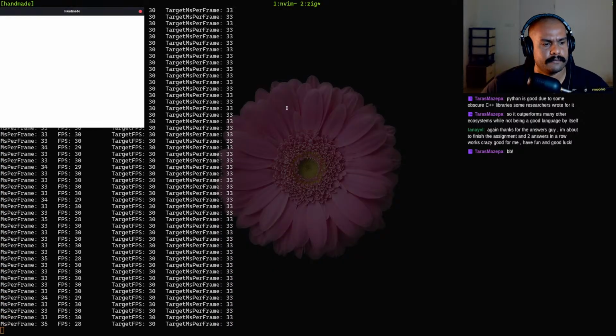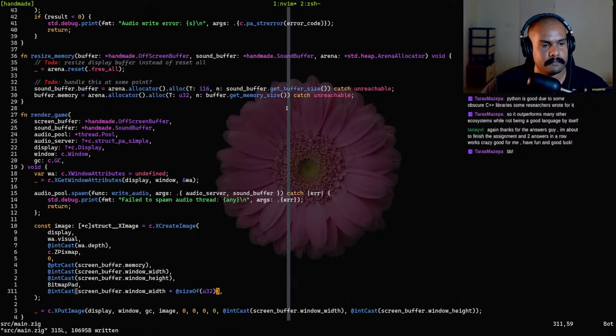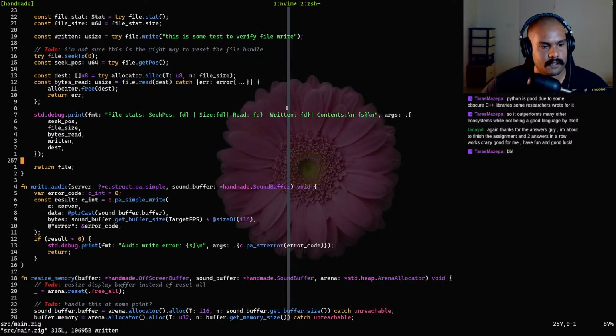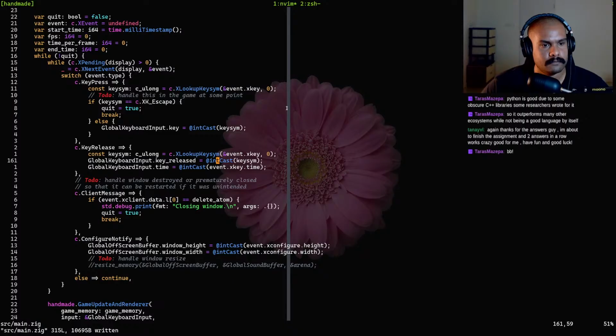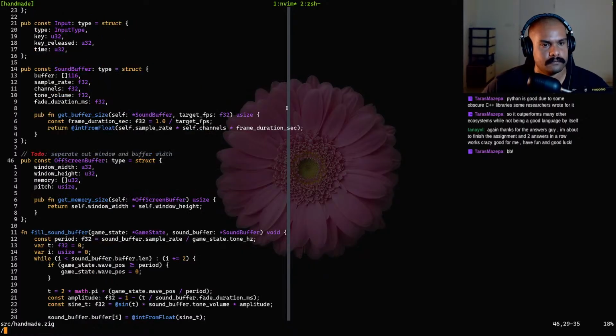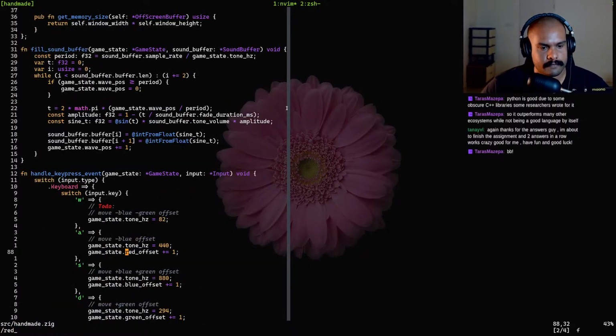Oh yeah. Yeah, it's gonna be white, but why does it not change colors? Let's make it 10.